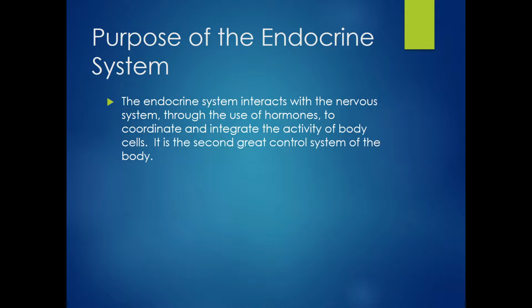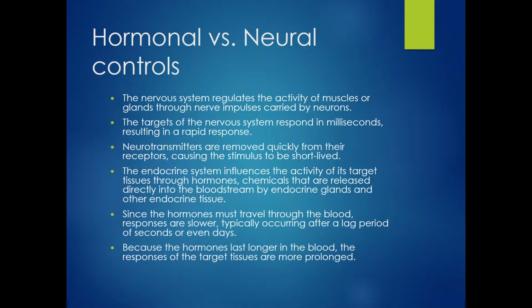So remember then with the endocrine system that we use hormones instead of neurotransmitters that will go into the bloodstream and then, like it says, coordinate and integrate the activity of the body cells. And it's the second great control system of the body because it's a little slower acting, more chronic in its nature in maintaining homeostasis.